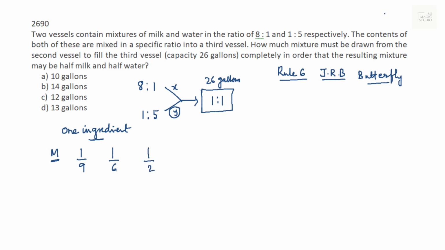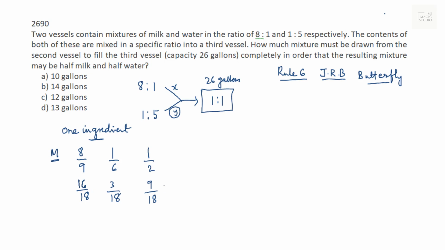If I take LCM of 9, 6 and 2, it is 18. Let us multiply all the fractions by 18. We need to make the denominator 18. So it would be 2/18, 3/18 and 9/18.